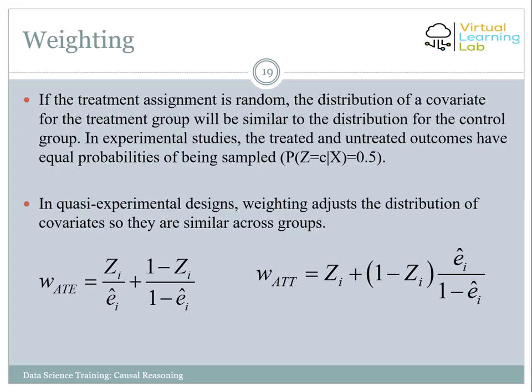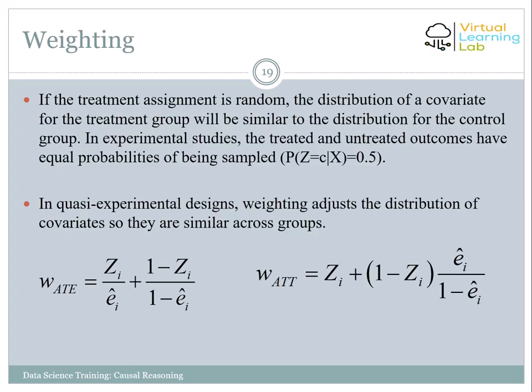As you can see in the formula, for those treated it is 1 over the propensity score, and for the untreated it is 1 over 1 minus the propensity score. So it's the inverse of the probability of receiving the condition the individual received. Now, for the estimated average treatment effect on the treated, treated individuals receive a weight of 1.